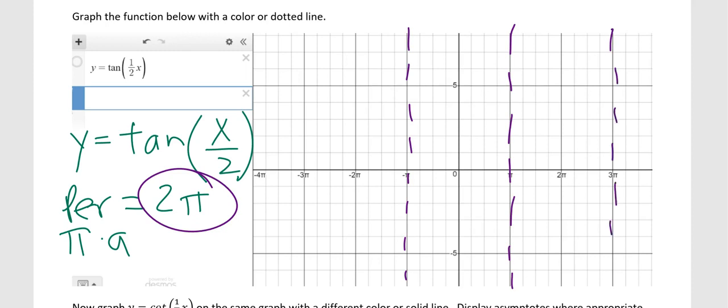Wouldn't the distance between the asymptotes have to be the same? Okay, so we know that those are the asymptotes for this tangent function. And we know the basic shape, it has to do these things.